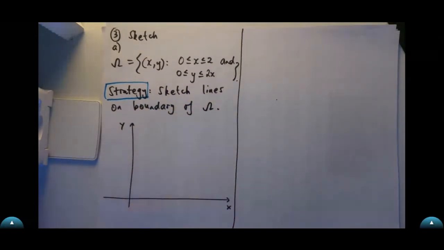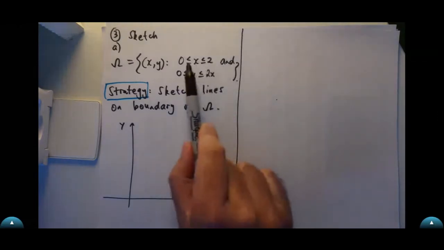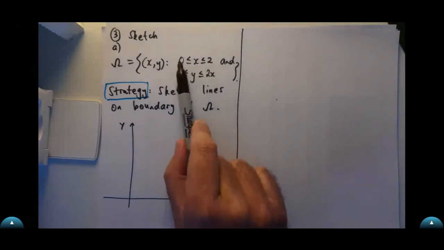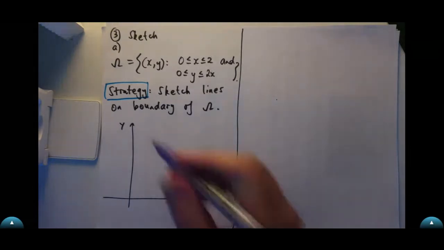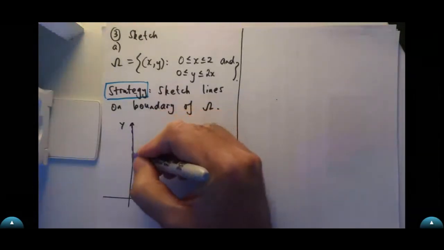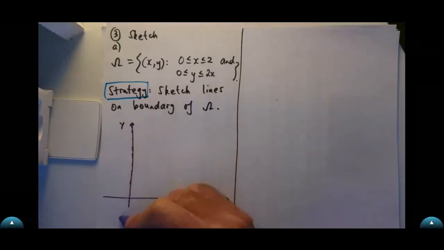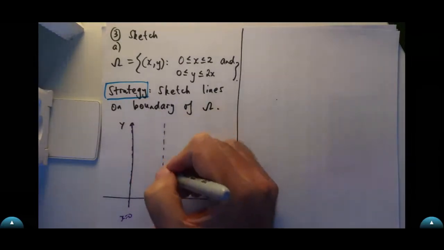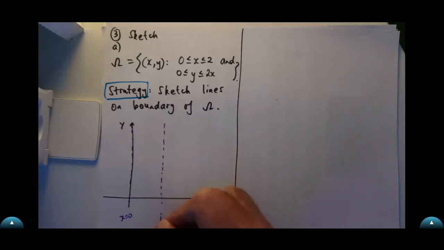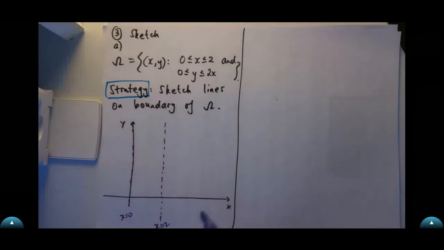So there are my axes. And so I'm going to put in the lines x equals 0 and x equals 2. So x equals 0 is just this vertical line. X equals 2 is this vertical line.